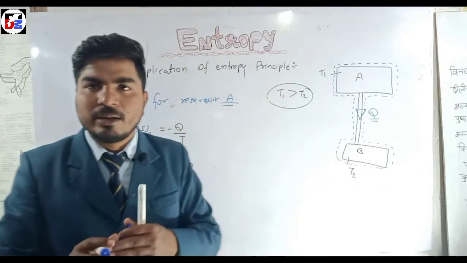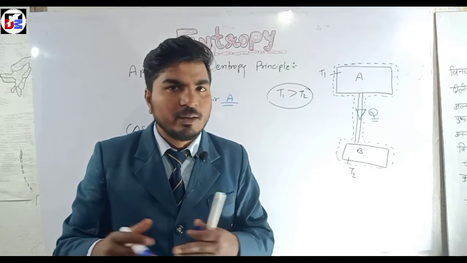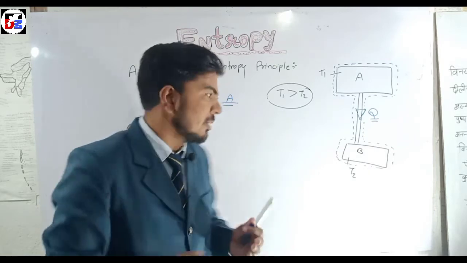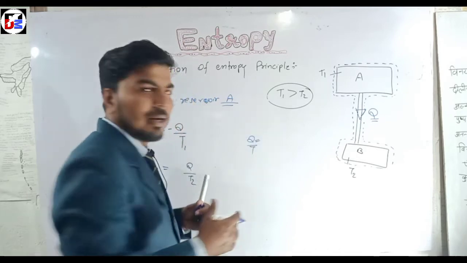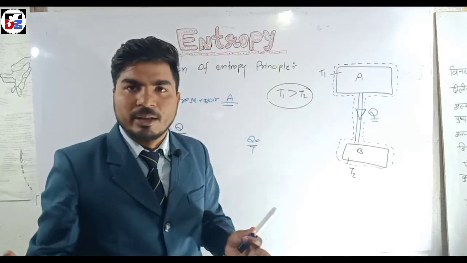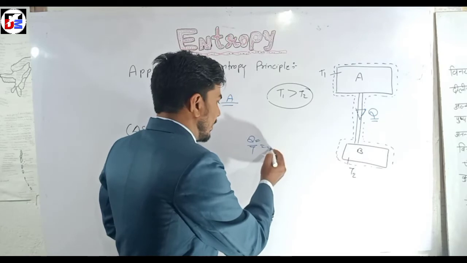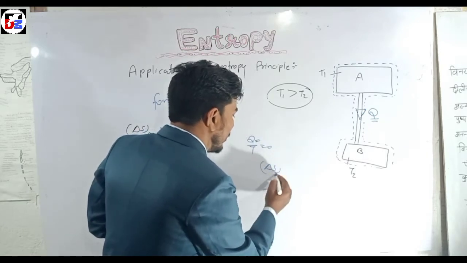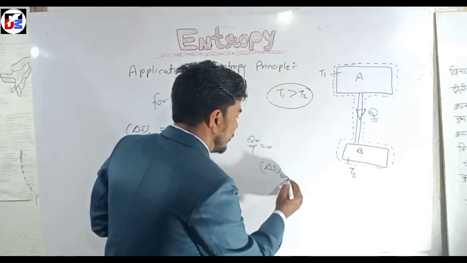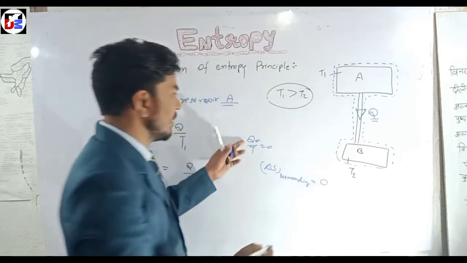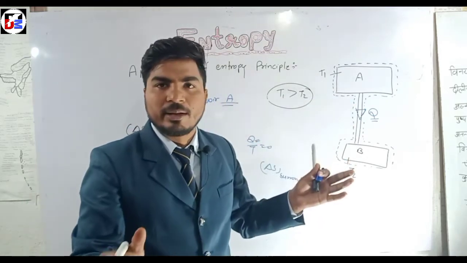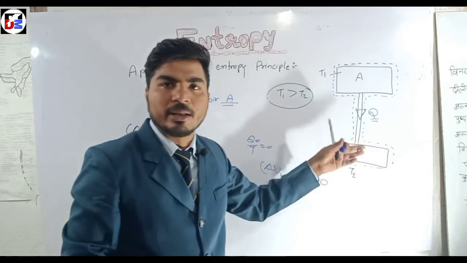That means the entropy of the environment or surroundings is 0, because you know that entropy is Q by T, and here Q is not present in the surroundings, so the entropy of the surroundings is 0, because Q is not rejected to the surroundings.